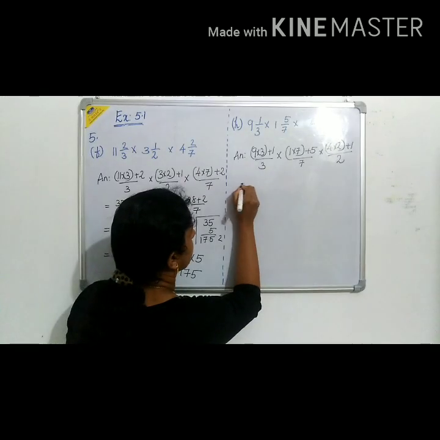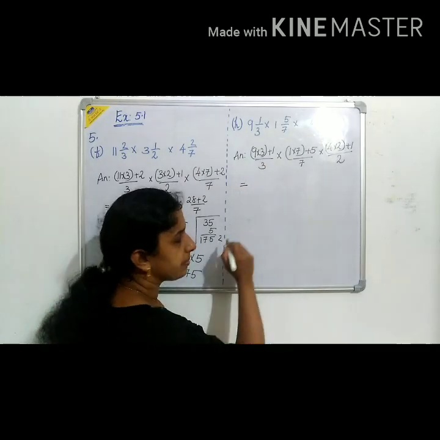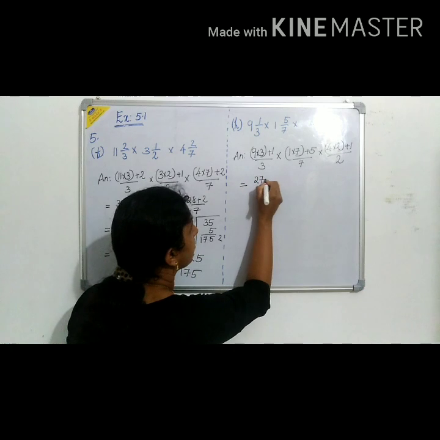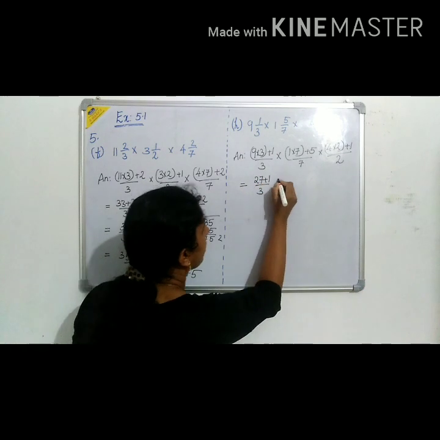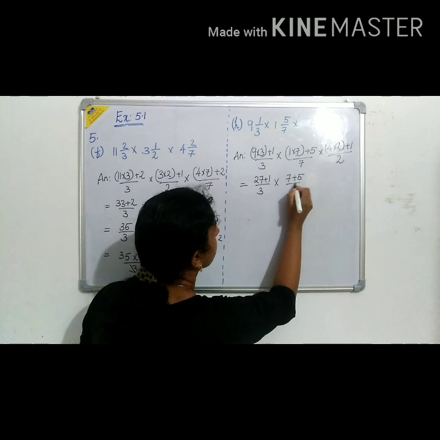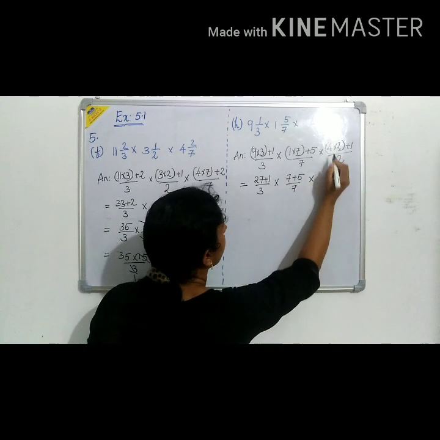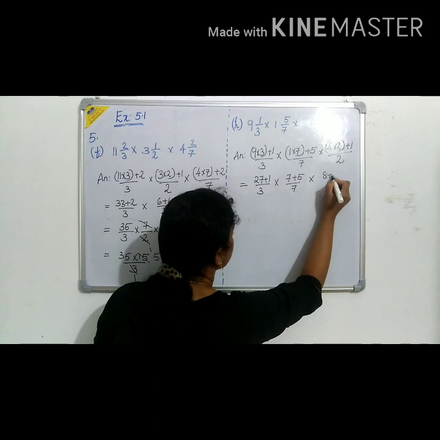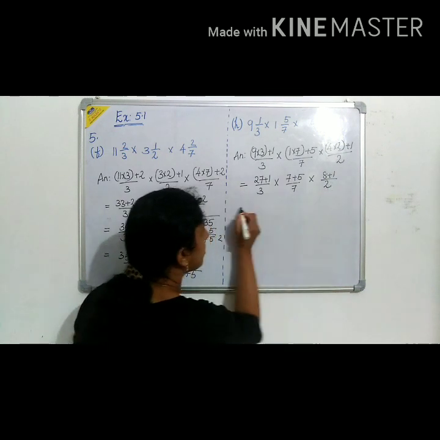This is equal to 9 3s are 27 plus 1 by 3, into 7 plus 5 by 7, into 4 2s are 8, 8 plus 1 by 2.